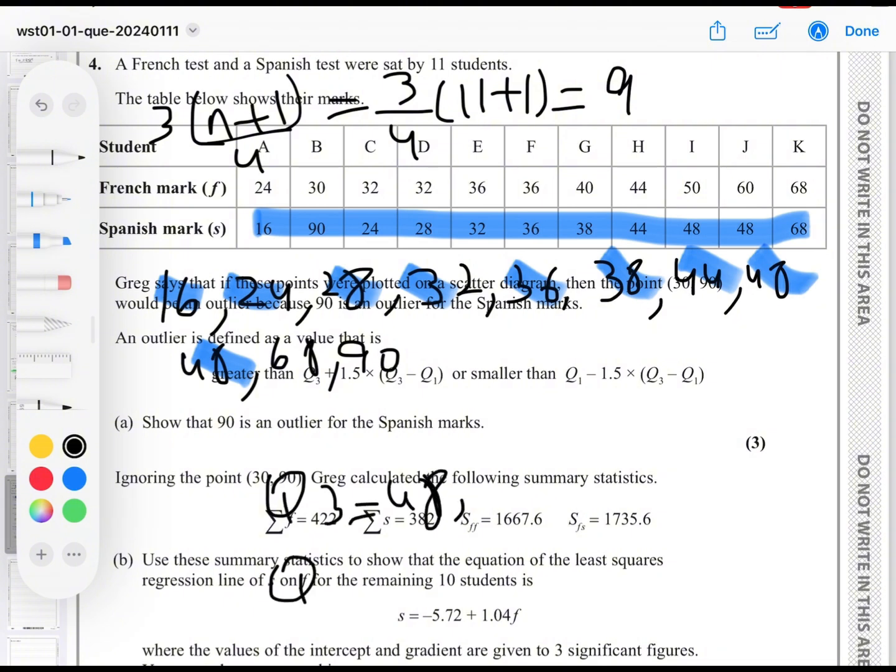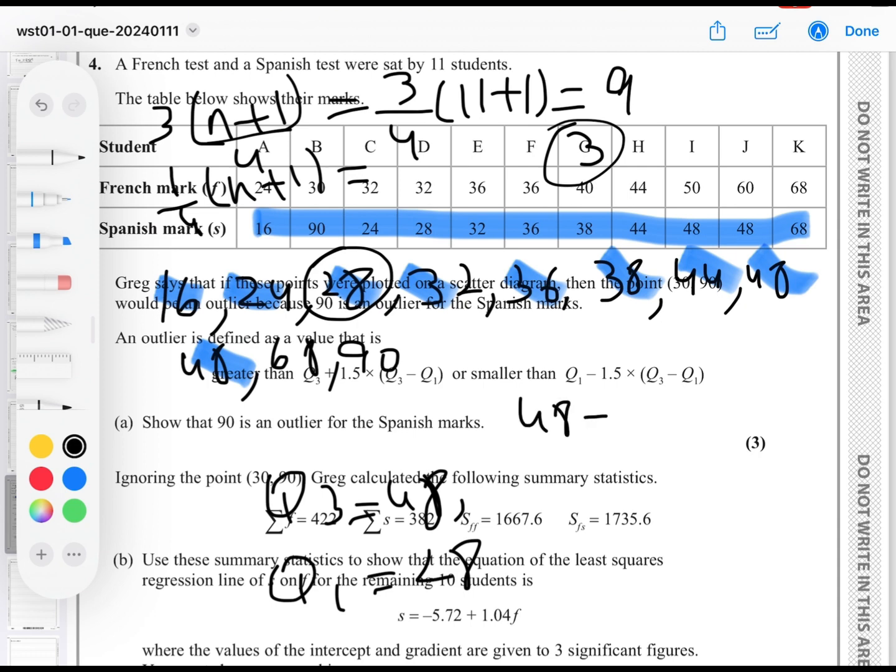Now the lower quartile is 1 upon 4 times n plus 1, which means this will be 3. So the third term is 28, and the lower quartile is 28. Now we'll put this in the formula which they gave in the question. Greater than Q3 is 48 plus 1.5 times 48 minus 28.